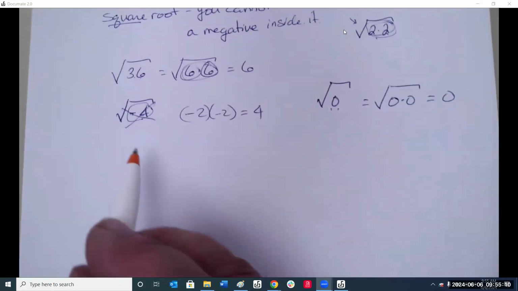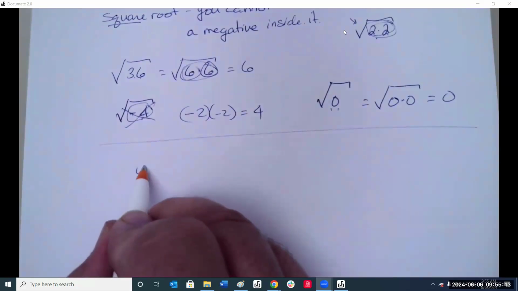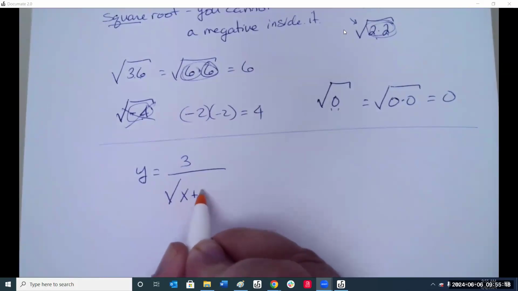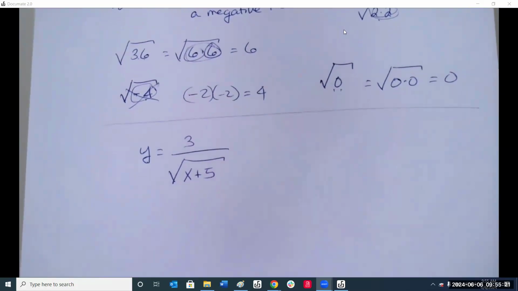What if I had this? What's my domain there? Remember the rules that we have to talk about. We have a fraction, right? So what can you not have on the bottom? You cannot have a 0. So we take the bottom, set it equal to 0.